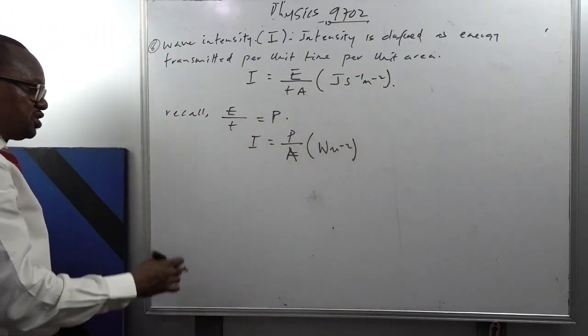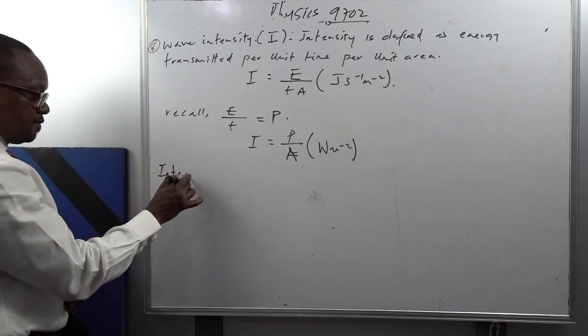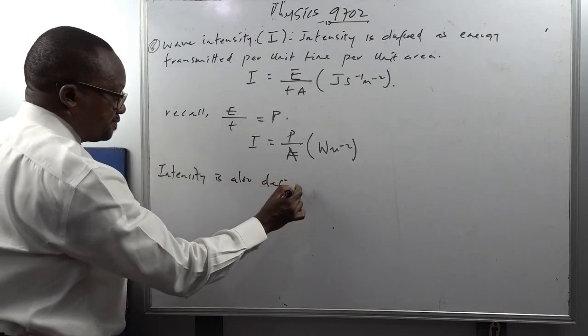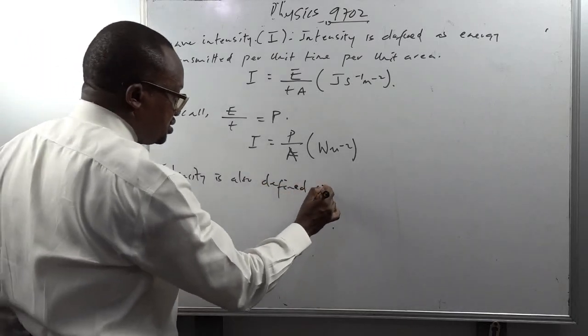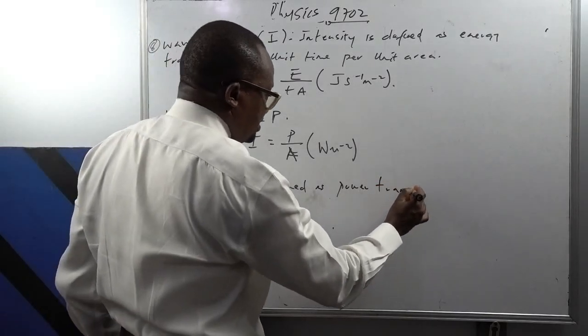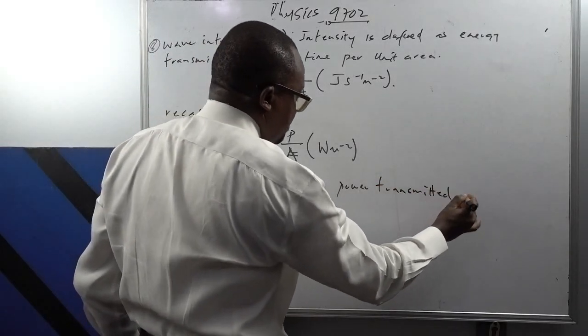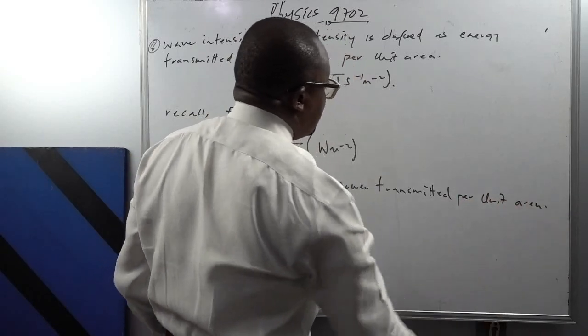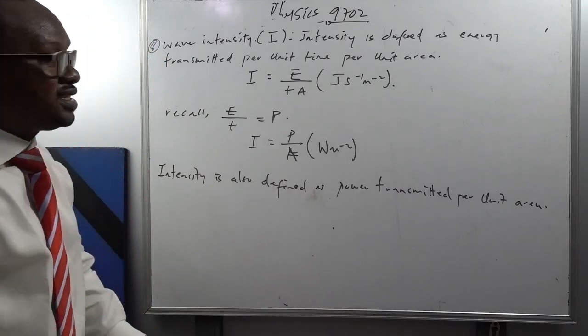So intensity is also defined as power transmitted per unit area. Alright. So these are the two ways we define intensity of a wave.